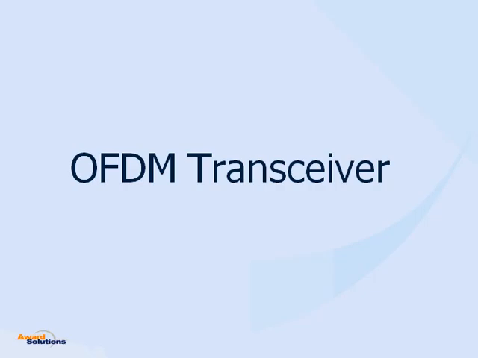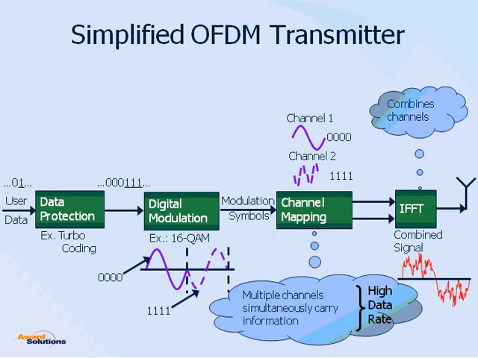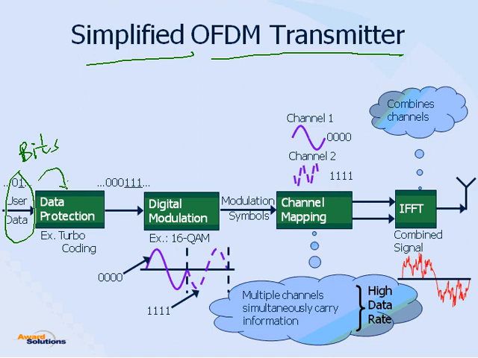Before we start discussing OFDMA and SC-FDMA, let me quickly show you how the OFDM transmitter and receiver would work. So we have here the OFDM transmitter, a simplified view. We have user data bits, information bits. We protect the bits, for example, add redundancy via turbo coding.